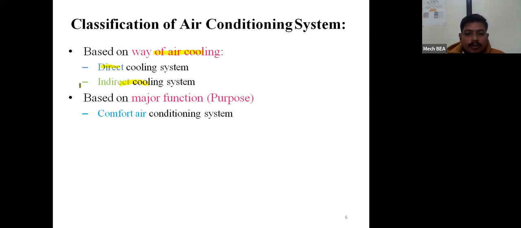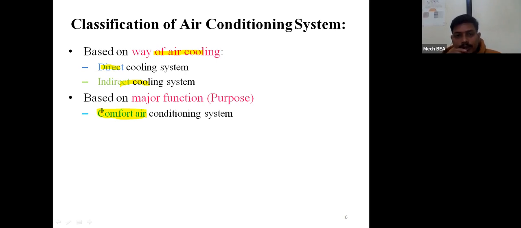The main purpose of that installation of air conditioning system is comfort, because a human is also acting like a machine. In the controlled environment, the efficiency of human beings will go on increasing.